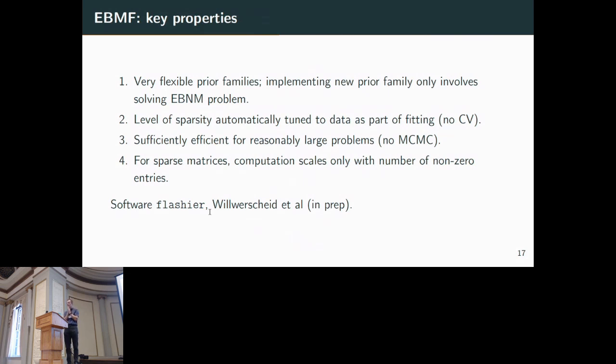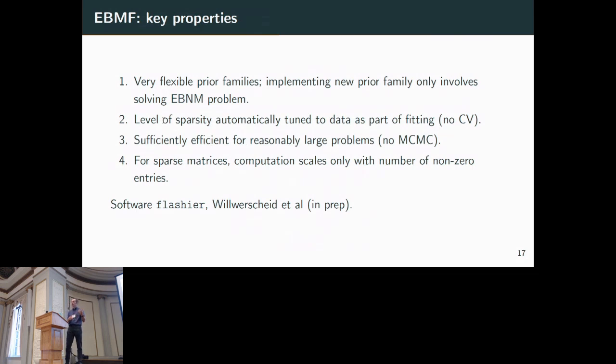So if you don't like any of the prior families we've already implemented and want to implement your own fancy prior family, you just have to implement a solver for the normal means problem, and then I can assure you, a much easier problem than the matrix factorization method. Then you plug it in and the iterative approach does the rest for you. So it's very flexible.